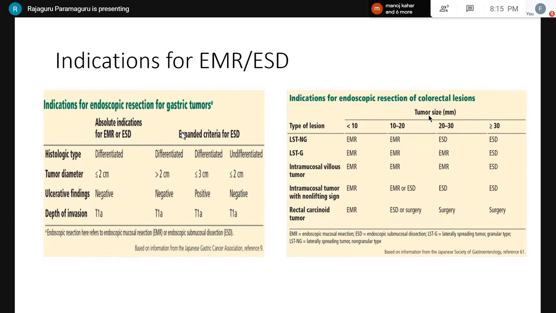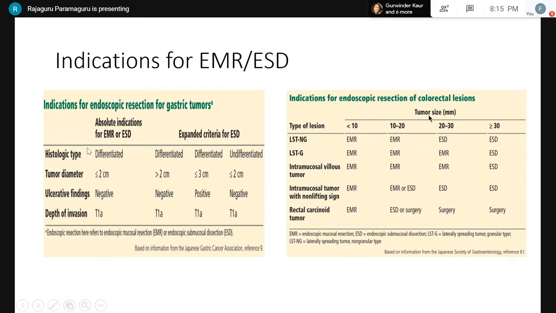This is usually a piecemeal technique, the endoscopic mucosal resection. Very rarely we get an intact whole specimen, whereas in an ESD, the specimen is going to be completely intact.